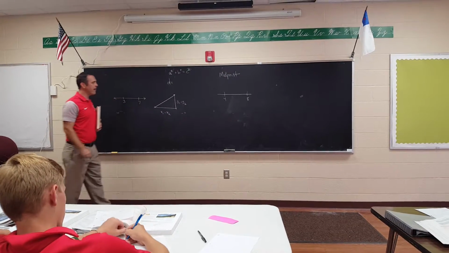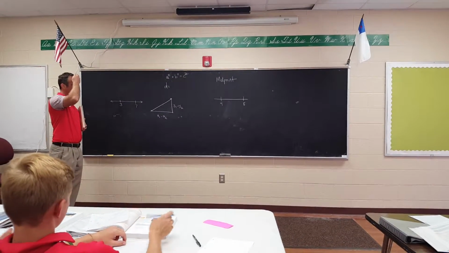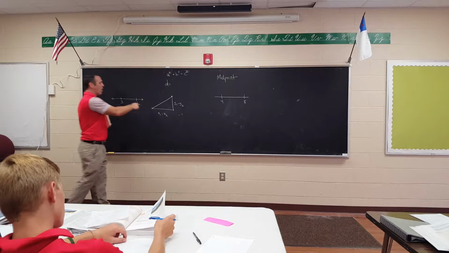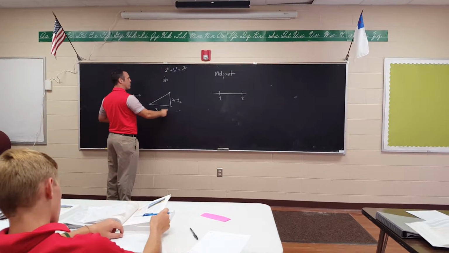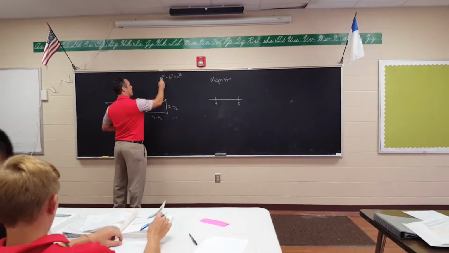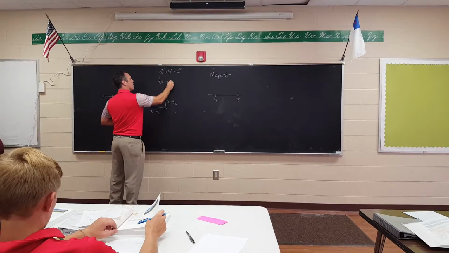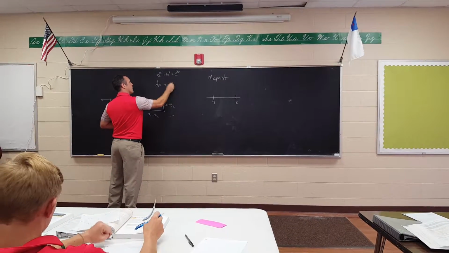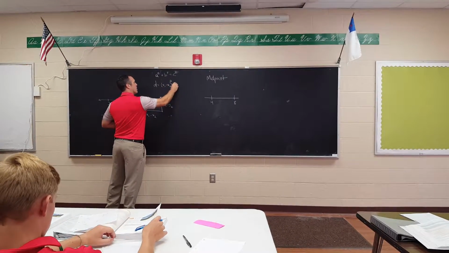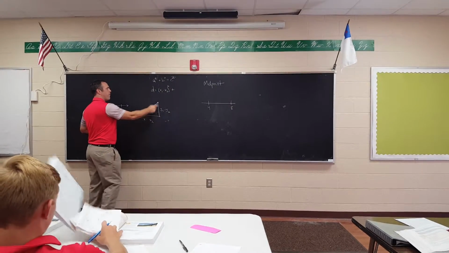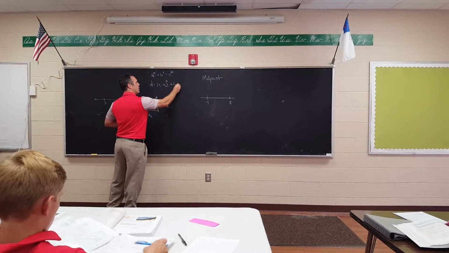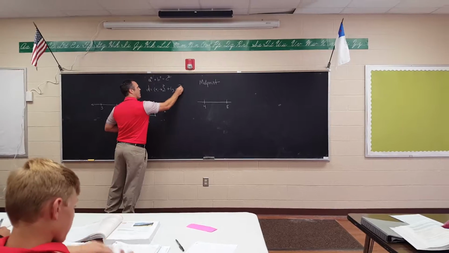Really, that's all we're going to do in putting it into the distance formula. Our a part is x1 minus x2 squared. Our b part is y1 minus y2 squared.